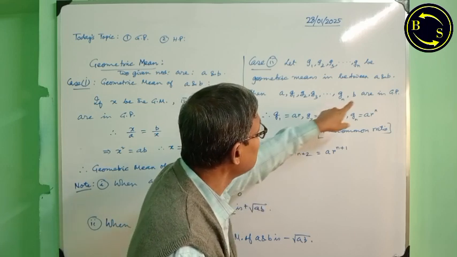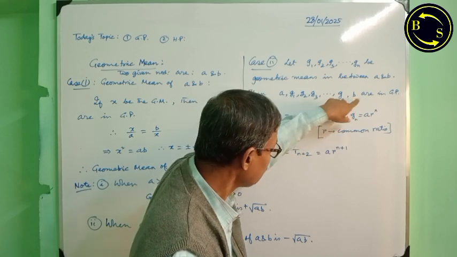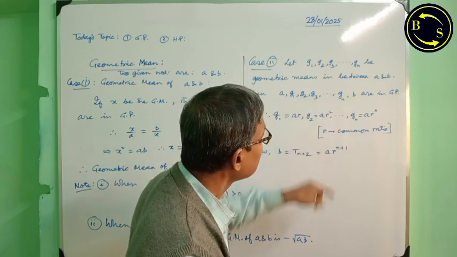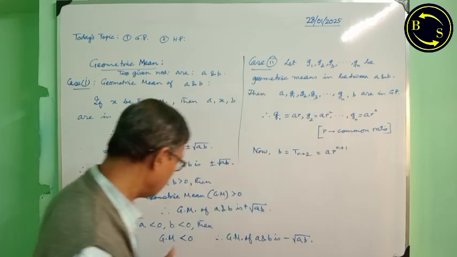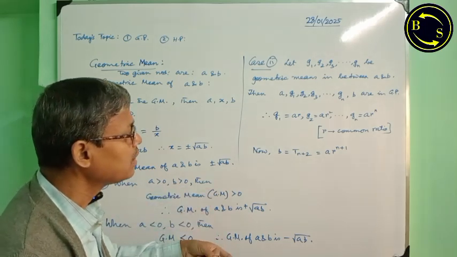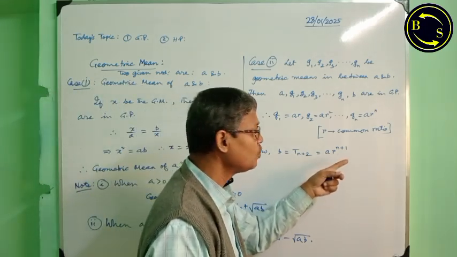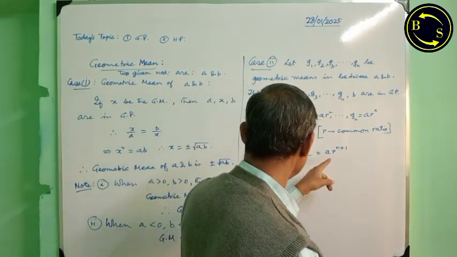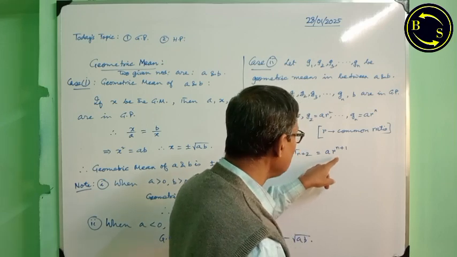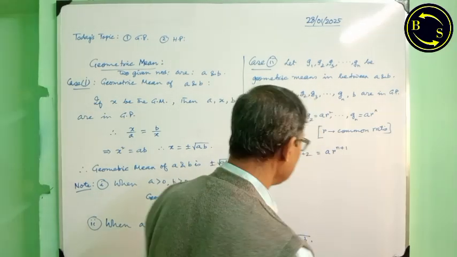Therefore, B, that is the last term, as per formula A R to the power n minus 1, already we have deduced earlier. Here n is n plus 2, from that we get B equal to A into R to the power n plus 1.